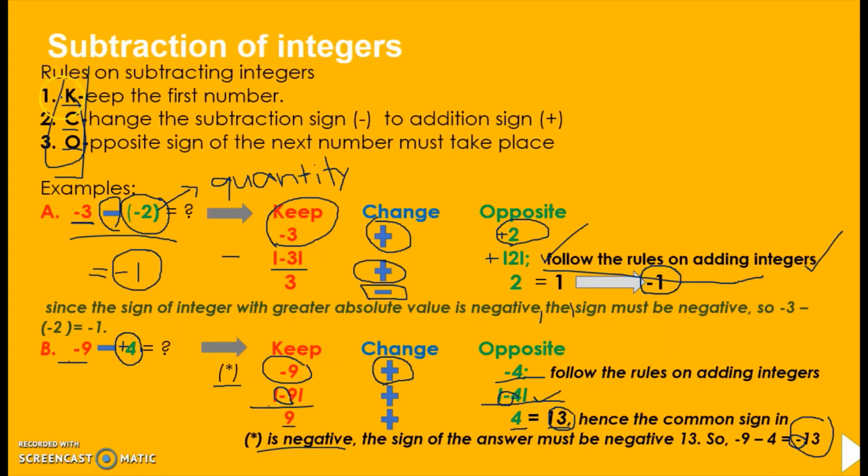Keep the first number, change the subtraction sign to an addition sign, and change the sign of the next number. If it is positive, we must make it negative. If it is negative, we must make it positive.